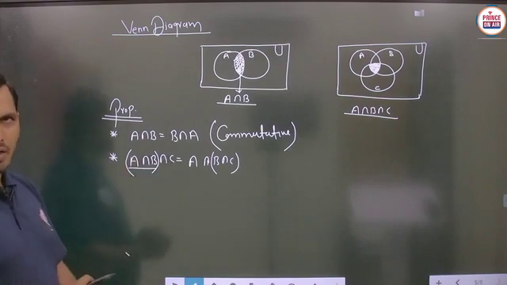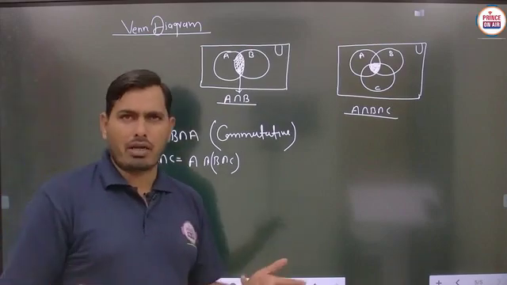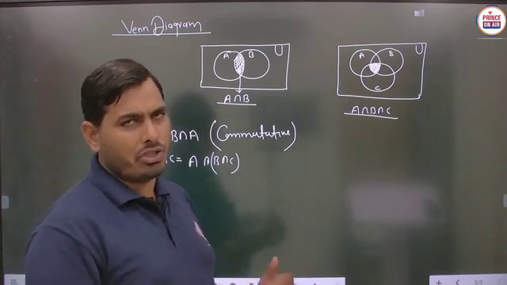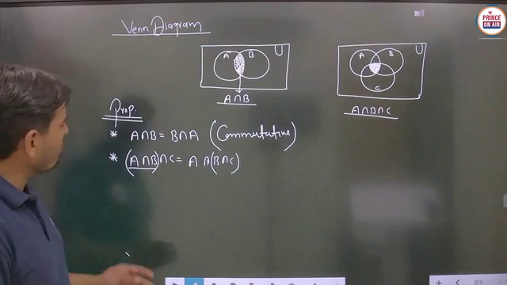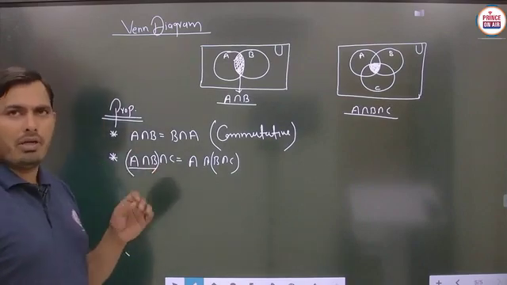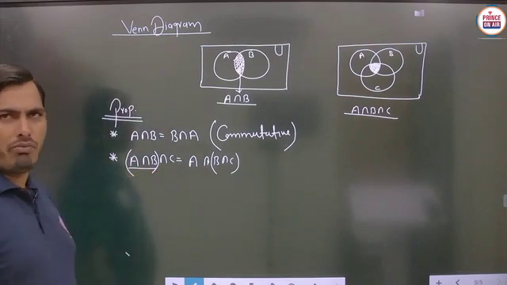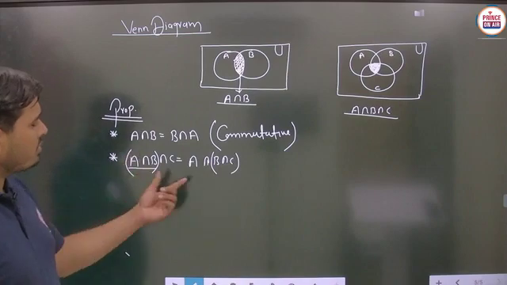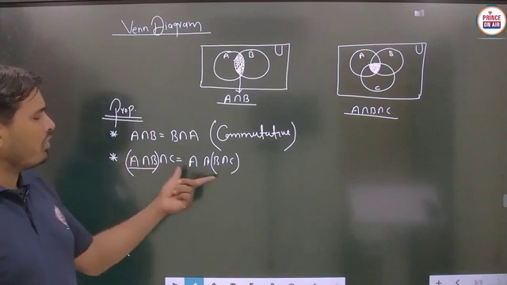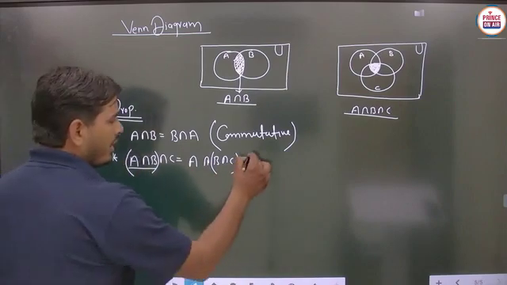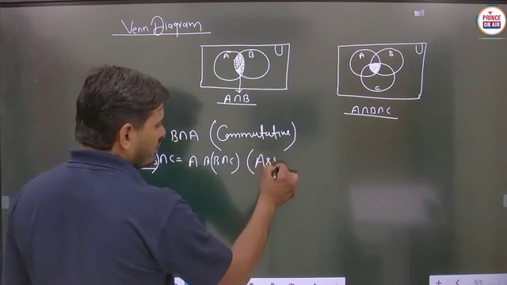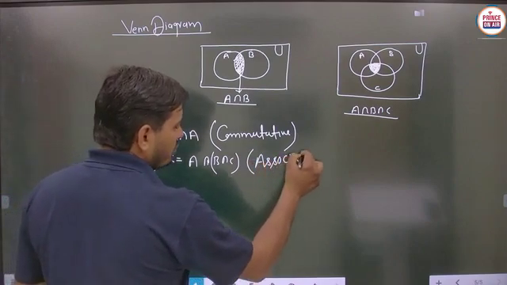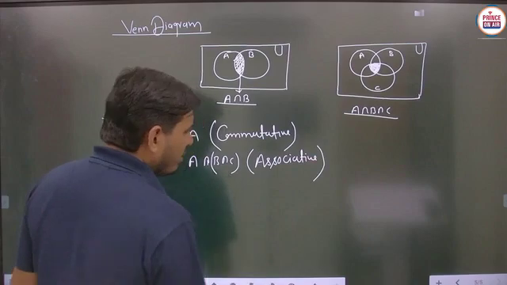Is it clear? Means we are not taking any other kind of operation between these parts, only we have to see the intersection of all the sets. So there should be no problem in using the bracket. So you can say that it is also called associative. Is it clear?